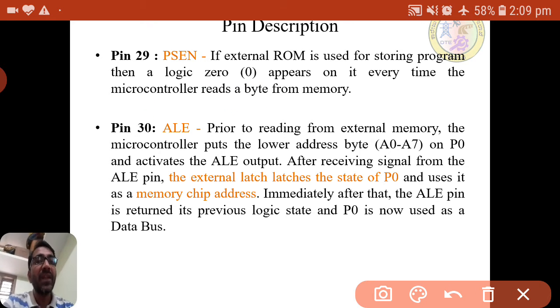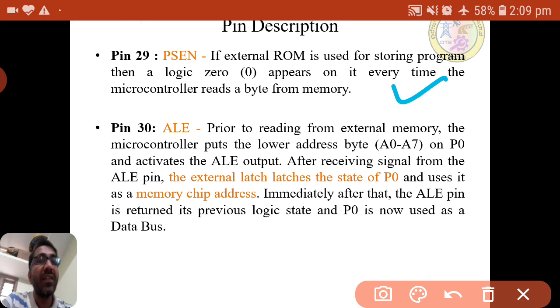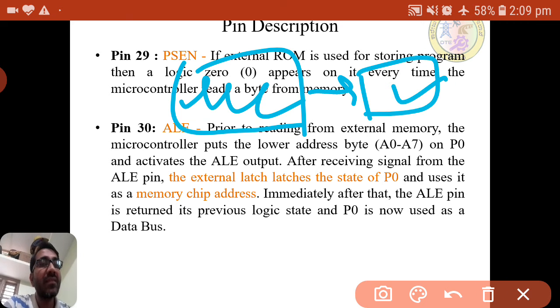So whenever a read operation happens, this pin, which is active low, becomes low. Once the read is done, the microcontroller is ready to read the next byte.